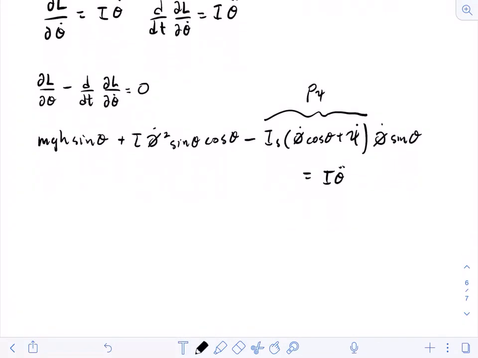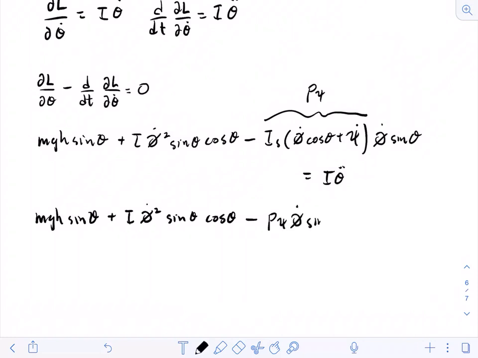Okay, good. So then we have mgh sine theta plus I phi dot squared sine theta cos theta minus p psi phi dot sine theta is equal to I theta double dot.